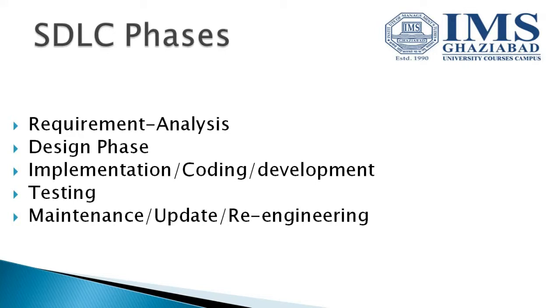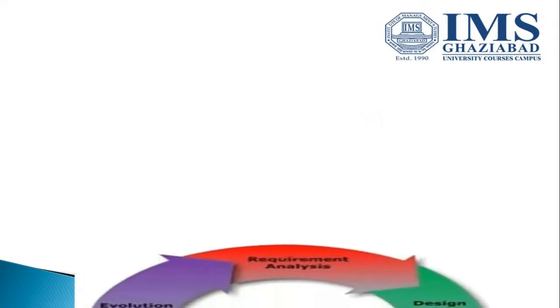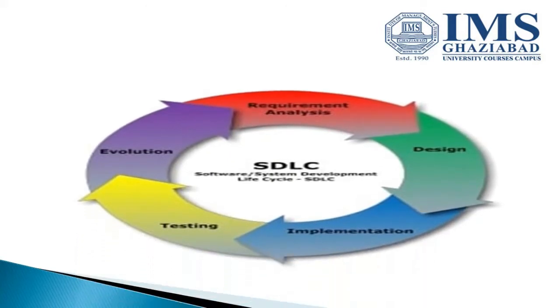Now, first, come to the point, it's your requirement analysis. In this slide and in this image, we will discuss the SDLC parts and phases. Requirement analysis, also called requirement engineering, is the process of determining user expectations for a new or modified product.